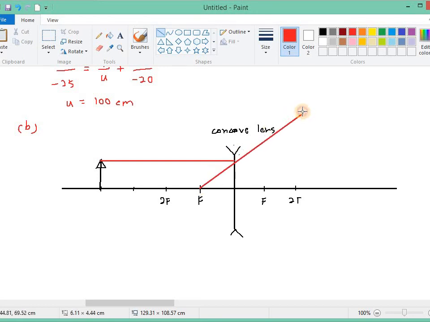The light will diverge from the focal point. Okay, so the line number 2 passes through the center. Draw arrow before and after.